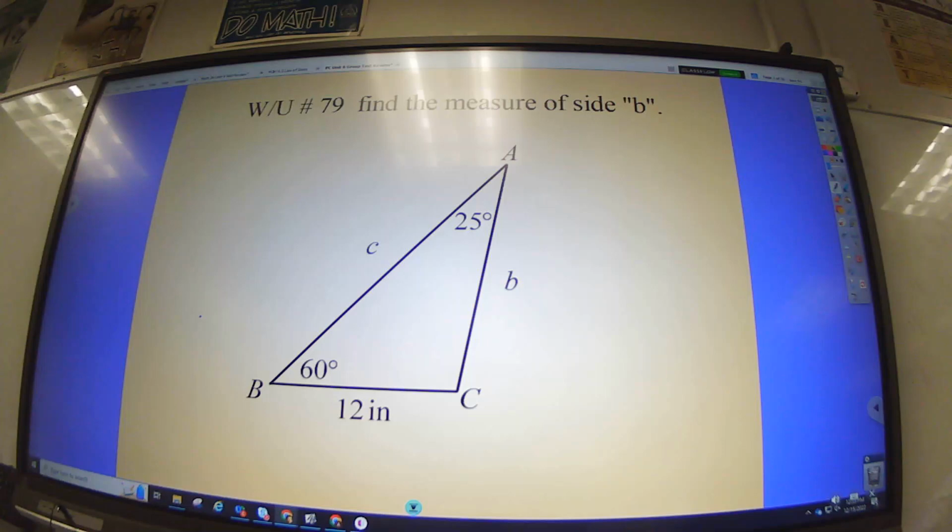Sine 25 degrees over 12 equals sine 60 degrees over B. Now I can do the cross multiplication. Sine 25 degrees times B equals sine 60 degrees times 12. To solve for B, I divide by sine of 25 degrees.